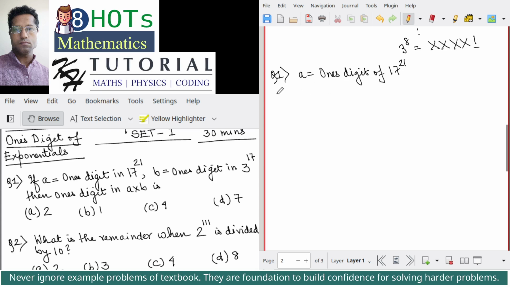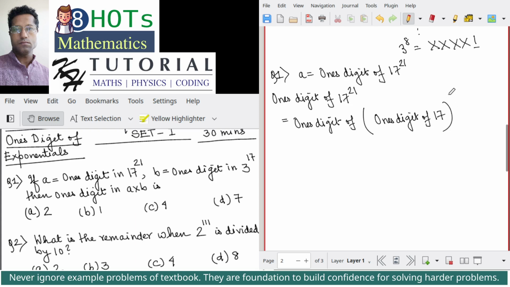Now, what will be the ones digit of 17 to the power 21? The ones digit of 17 is 7.